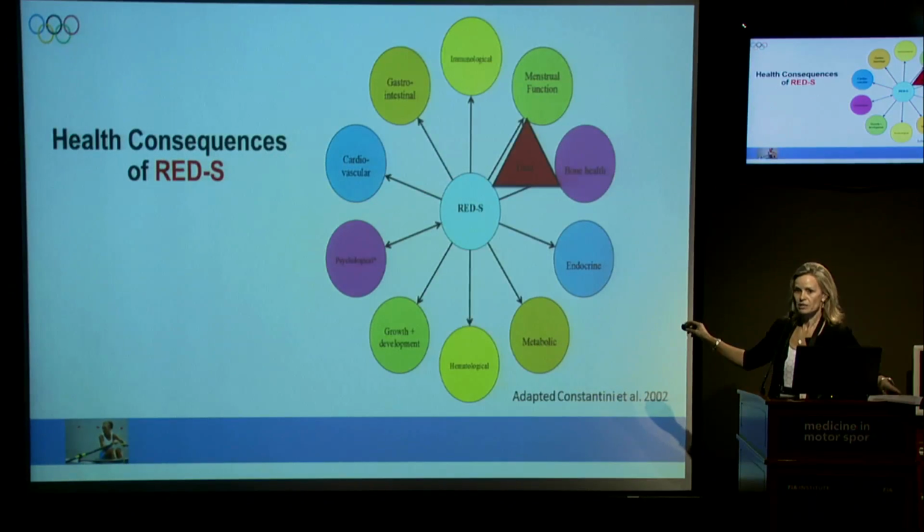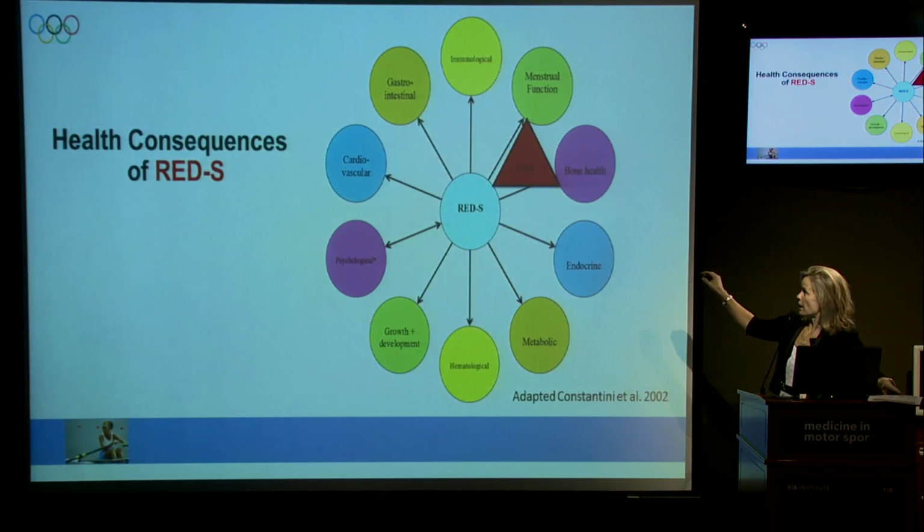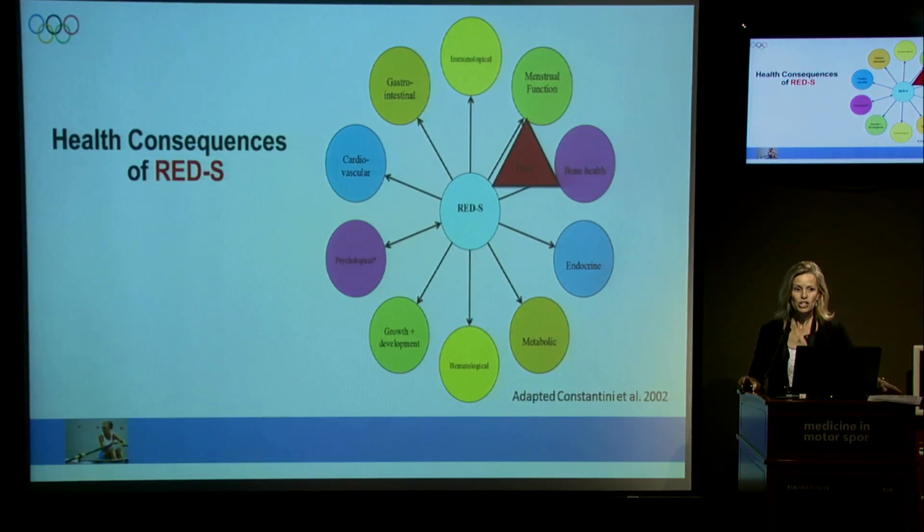I'd like to in particular draw your attention to the psychological, because this is the one where there's a double arrow, where energy deficiency can cause psychological changes, but also the corollary that psychological issues such as eating disorders or disordered eating can cause the energy deficiency. And we have put the original triad of bone, menstrual function, and energy deficiency to illustrate that this is not changing the concept, it's expanding the concept.